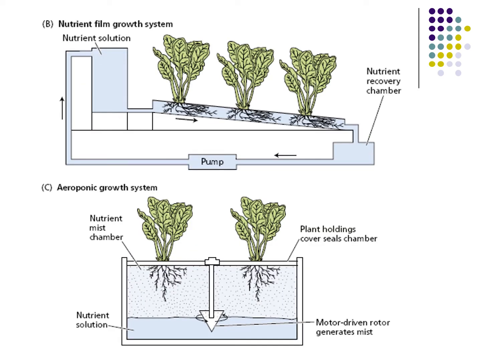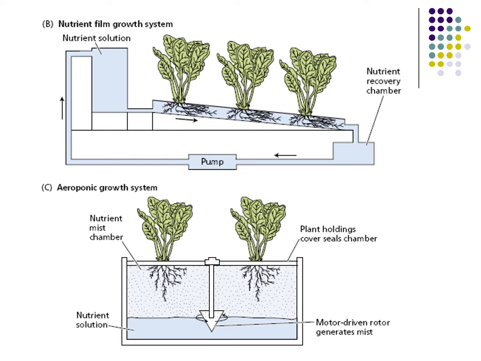In another form of hydroponic culture, plant roots lie on the surface of a trough and the nutrient solutions flow in a thin layer along the trough over the roots. This nutrient film growth system ensures that the roots receive an ample supply of oxygen.